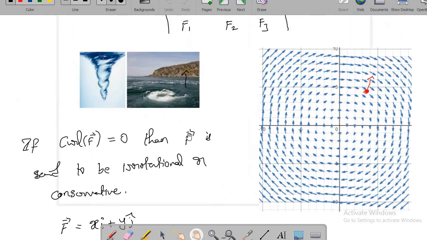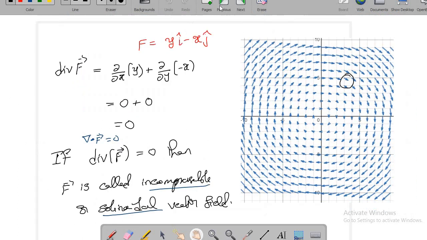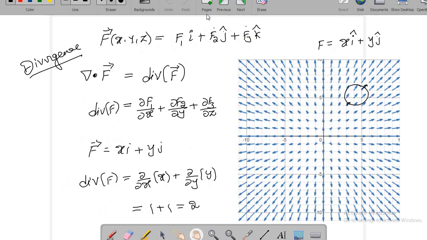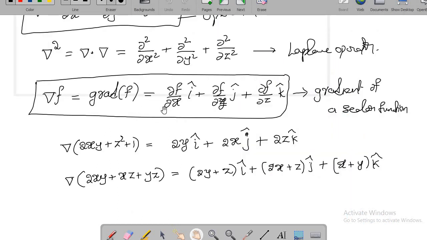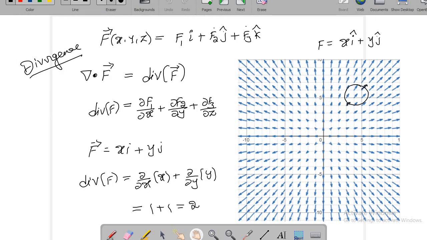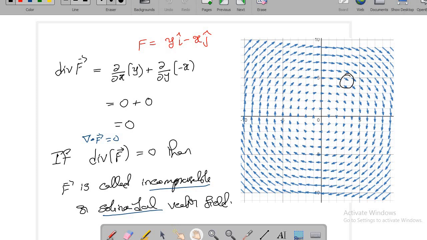I hope you understood what is curl, what is divergence, and what is gradient. These three are very, very important operations: gradient, which is on a scalar field; divergence, which is dot product with a vector field; and curl, which is cross product with a vector.